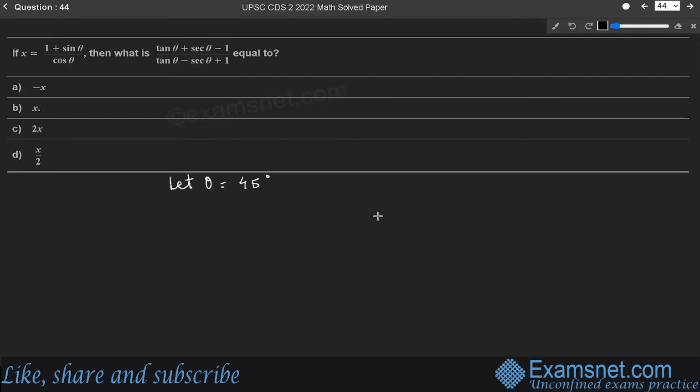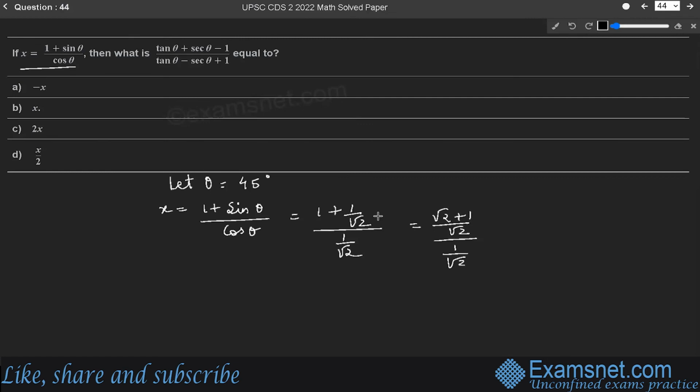So first, let us solve this part, which is x is equal to 1 plus sine theta upon cos theta. It will be equal to 1 plus sine 45, which is 1 by root 2, upon cos 45, which is also 1 by root 2. On further solving this, it will be root 2 plus 1 upon root 2, upon 1 upon root 2.